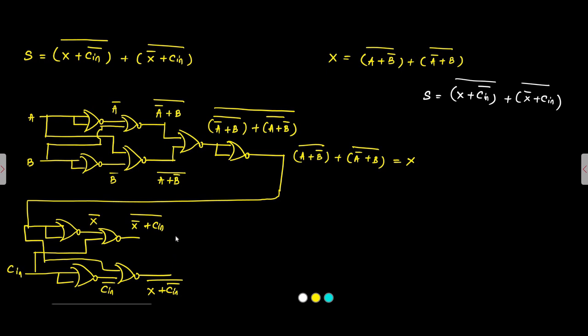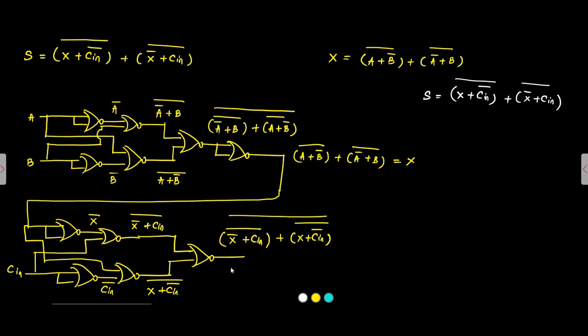Then again we pass them through a NOR gate, and we'll get (X bar or C in) whole complement or (X or C in bar) whole complement, and if we pass them through another NOR gate, this upper complement will be removed.